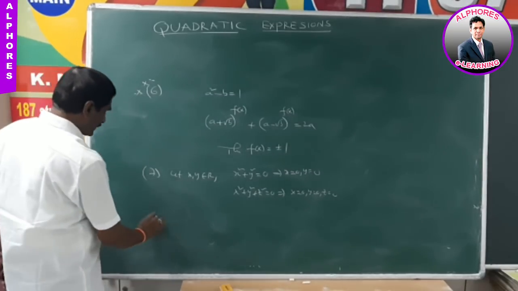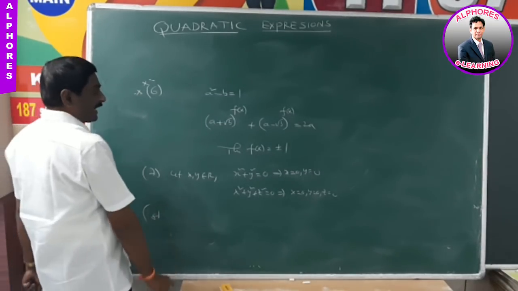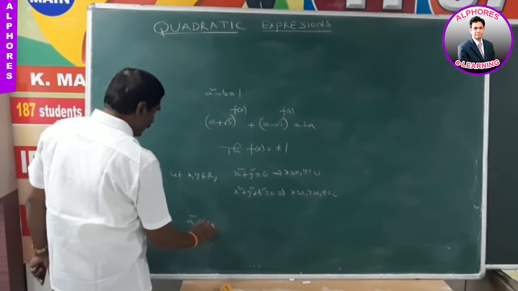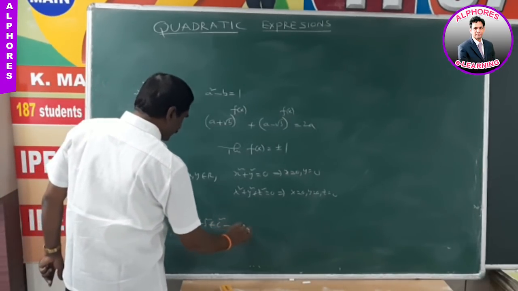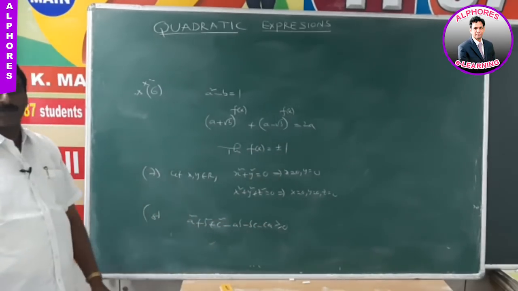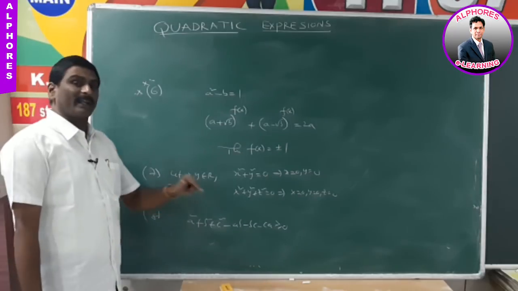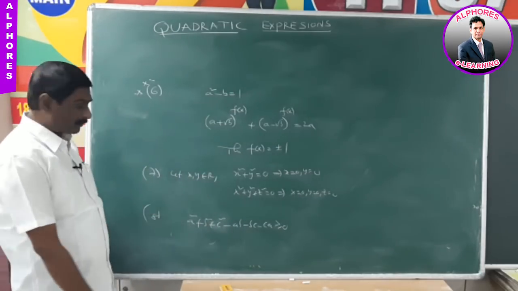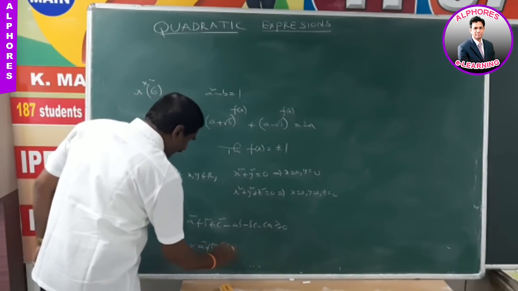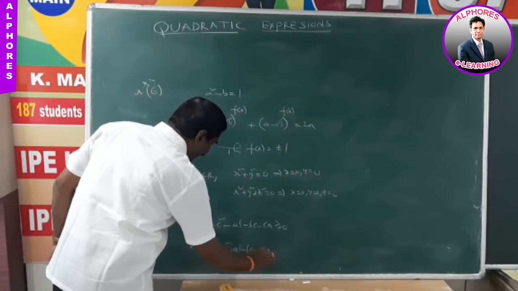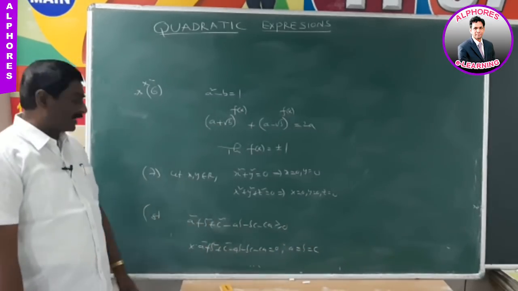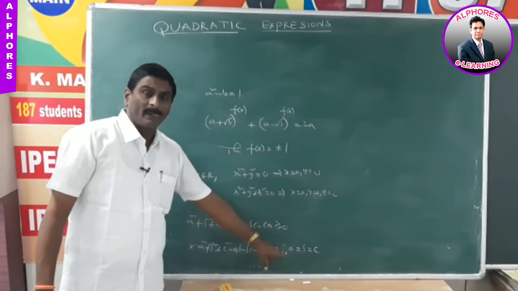Okay. Next, the seventh one. Let a, b, c be any three real numbers, then the value of a² + b² + c² − ab − bc − ca is always greater than or equal to 0. It is equal to 0 when all three values are equal, a = b = c.